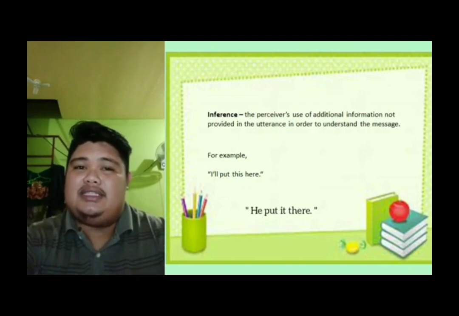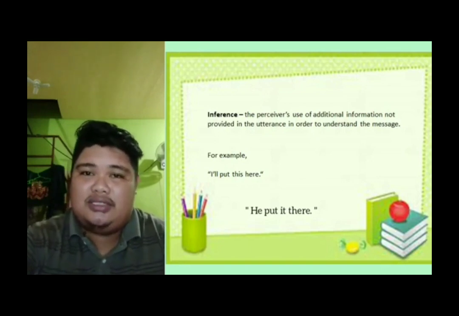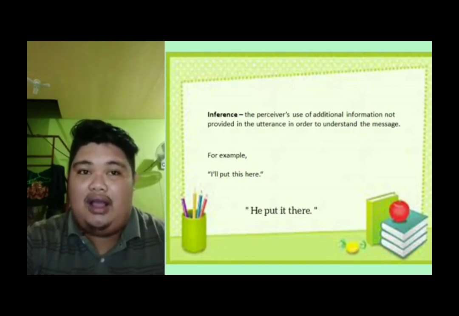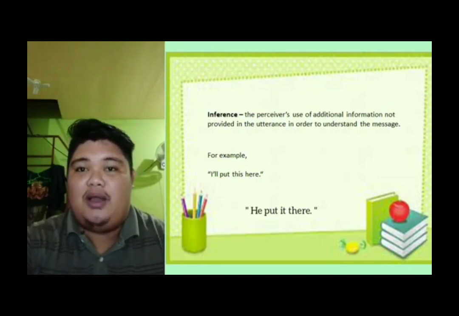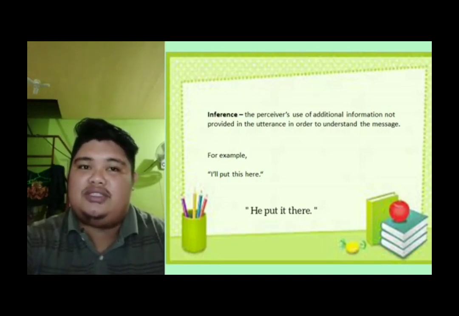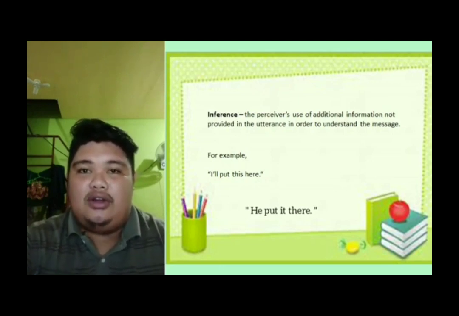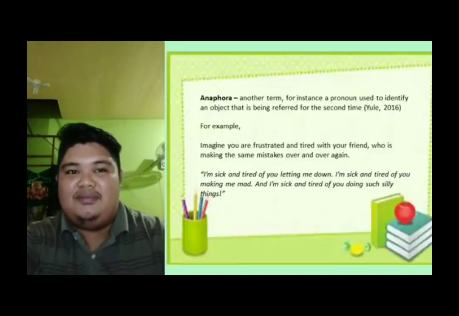In this example, the person who is aware of what and where the deixis are will create new information so that others become aware also. So instead of saying the sentence again, I'll put this here, the person will say, he put it there, in order for others to understand the message. So did you get it, guys? Okay, let us proceed.